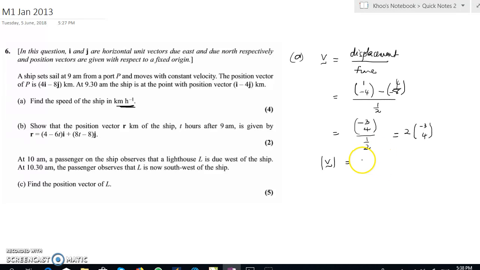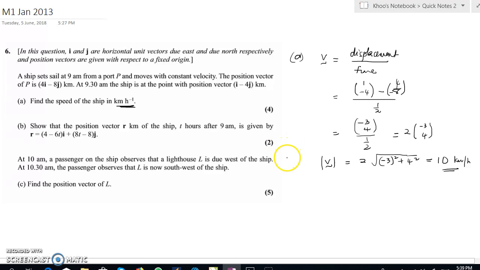So in this case, the square root of... because 2 is a factor, we can just take it out. Just find the magnitude of the vector, that will be fine. And that should give you 10 kilometres per hour. That's it. So what I did was I used the velocity vector to find the speed. Here we are just using the vector quantity to solve, because displacement is a vector quantity.